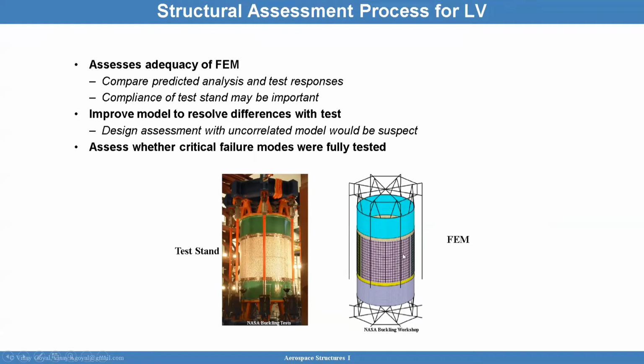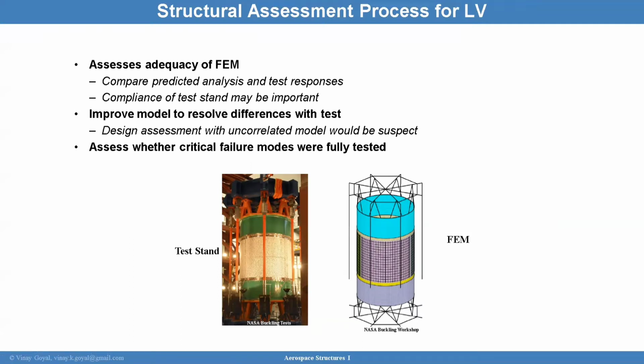Now there could be a situation where the model is correct and perhaps in the test configuration you're doing something incorrectly that could be causing an issue. And so the design assessment with an uncorrelated model will be really quite suspect. If I use this finite element model for the flight configuration to calculate structural margins, and this model was incorrect, then you're really writing margins with a wrong model, and that could be a problem.